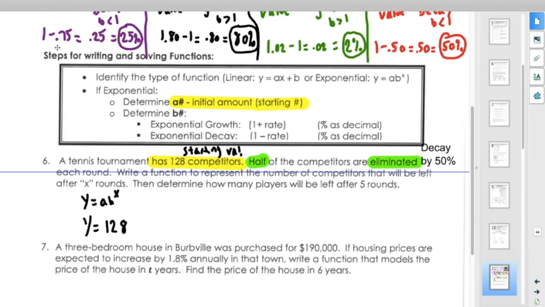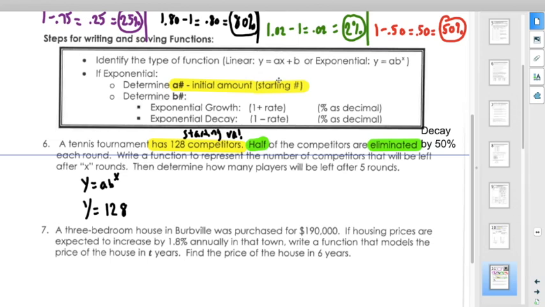We did 1 minus 0.75, 1 minus 1.8, 1 minus 1.02. Well, here, for my B, it's going to be 1 minus, what is 50% as a decimal? 0.5. So it'll be 1 minus 0.5 to the x.